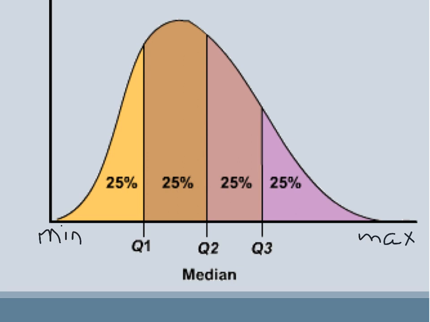And then it's broken up into the 25s in between. Between my minimum and my first quartile, there's 25%. Between the first quartile and the second quartile, which is the same thing as the median, is 25%. Between the median and the third quartile is 25%. And between the third quartile and the maximum is 25%. So I'm taking my data and breaking it up into quarters.